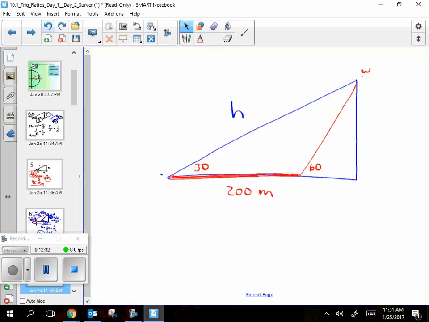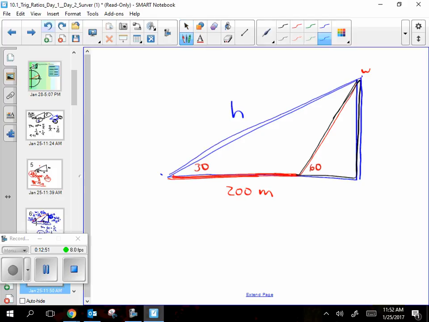You're going to probably need to write two equations. One for the, I'll call it the black triangle here, and one for the original big triangle. I'm going to call it the blue triangle that goes here.